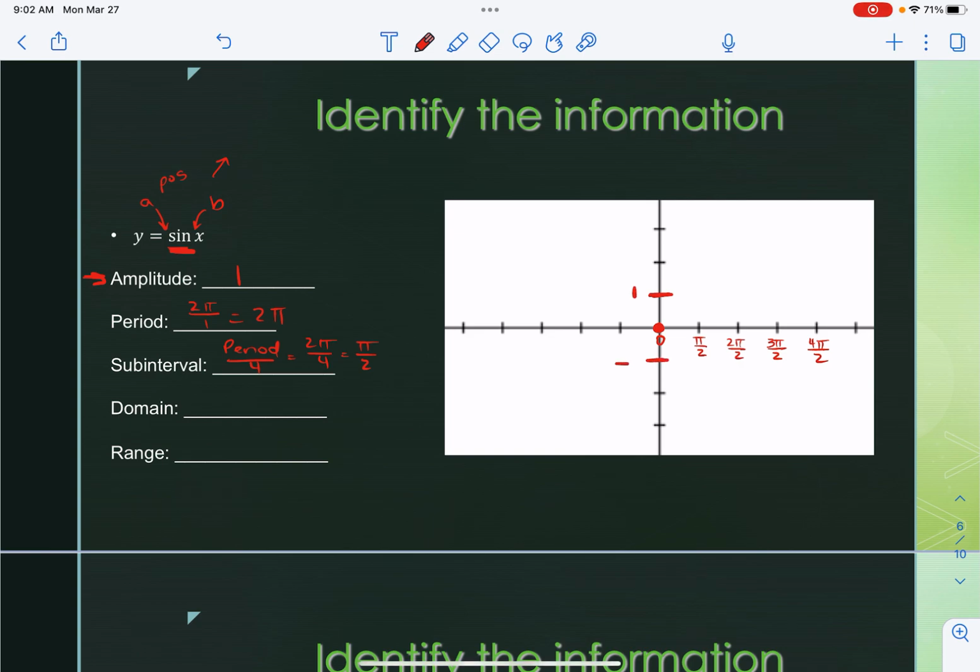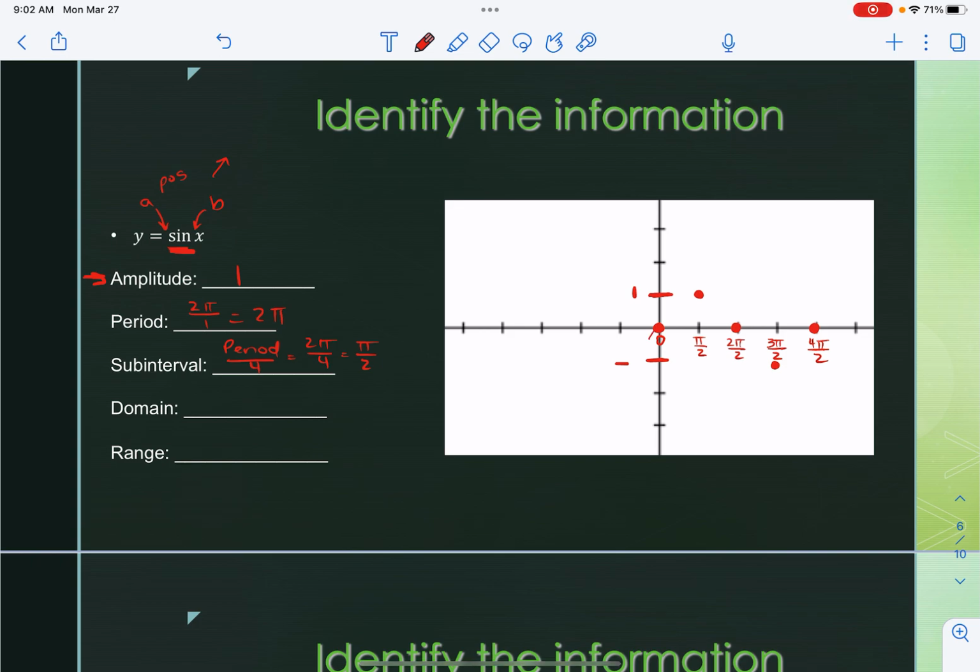So at pi over 2, we're going to put it at 1 because sine of pi over 2 gives us 1. Then we're going to go down to the x-axis, and that would be pi. Sine of pi is 0. Then at 3 pi over 2 it's going to be negative 1, because remember, sine of 3 pi over 2 is negative 1. And then back up to 2 pi, and sine of 2 pi is 0.